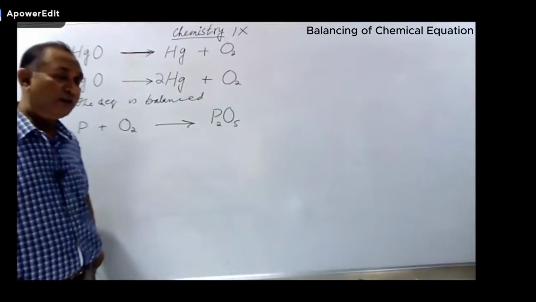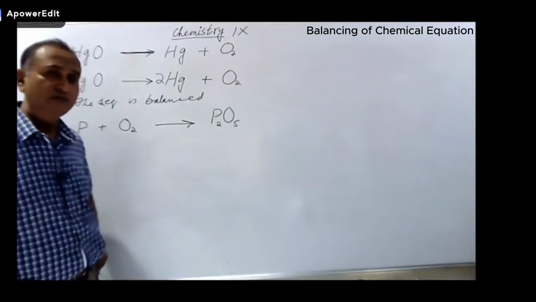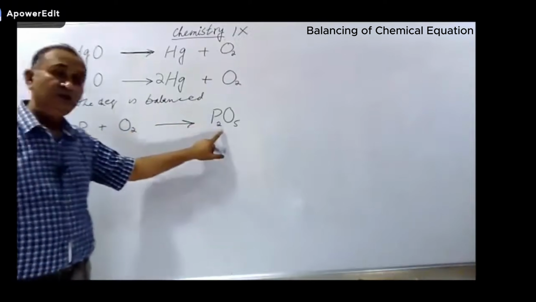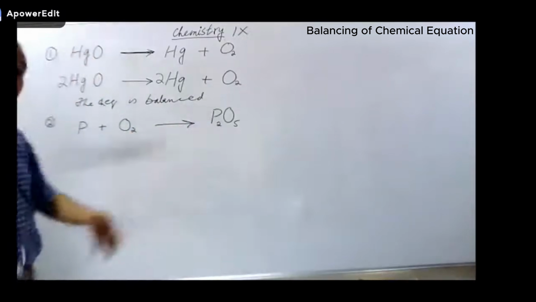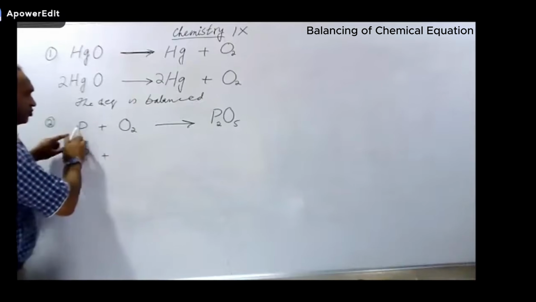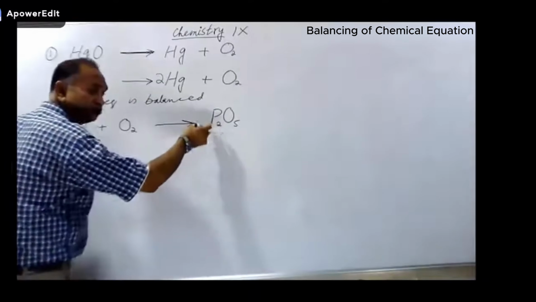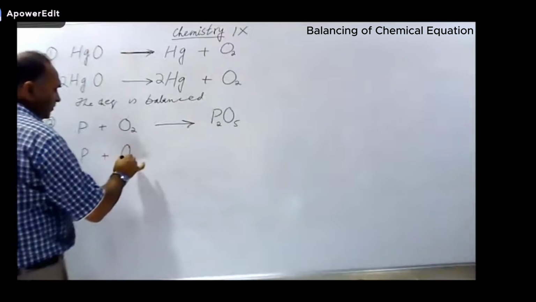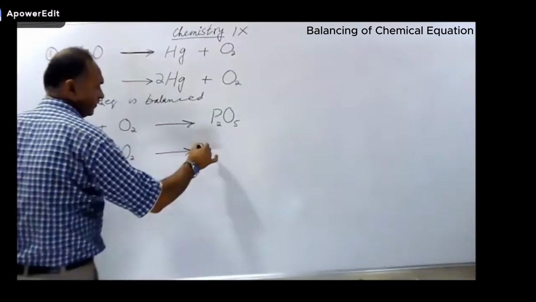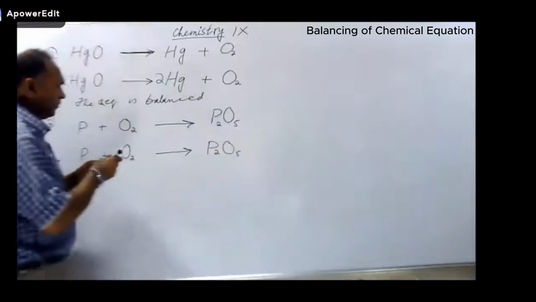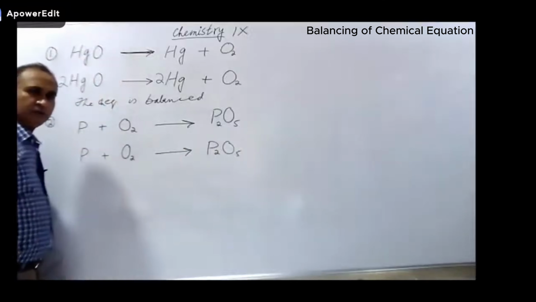How many of you can guess what we should do here? One phosphorus, two phosphorus. So what should we do? Rewriting it again. This is the question that will be given to you. So what should I do?